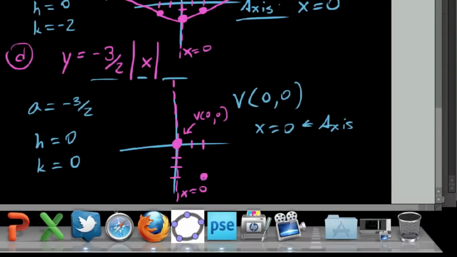Since this is symmetrical about our axis, we better go down 3, left 2. So here's our graph of our absolute value. That's basically how you graph these absolute value graphs. And I know I said we'd pop over to GeoGebra, but I think that's unnecessary. You guys can see these graphs just fine. So enjoy.